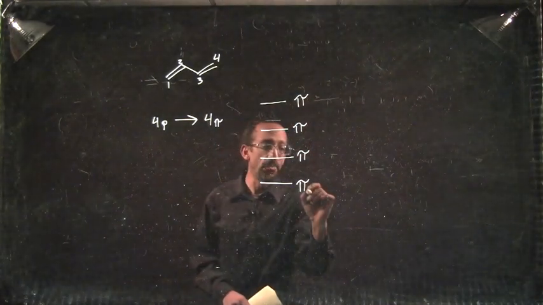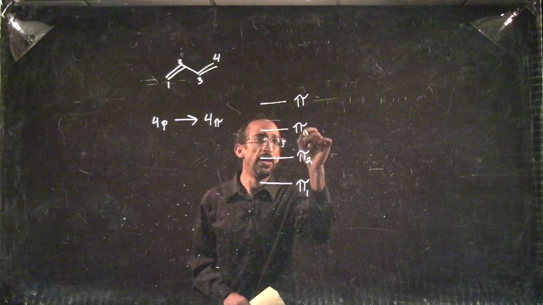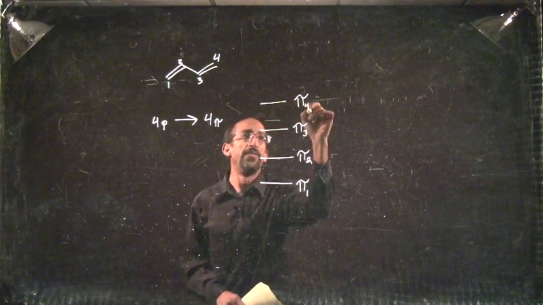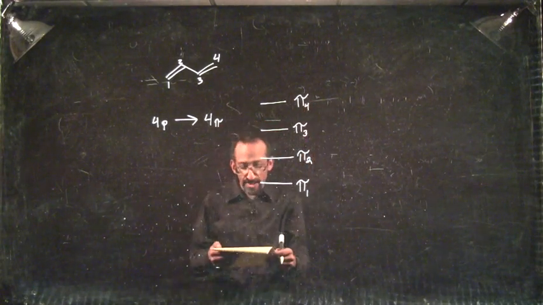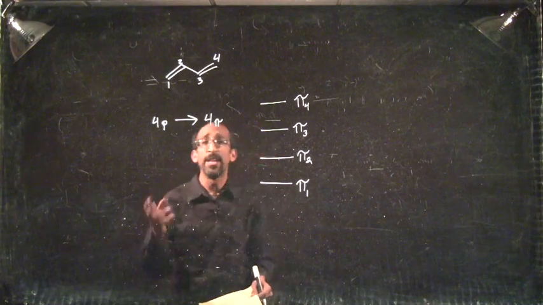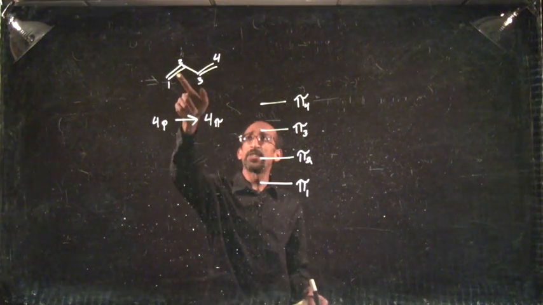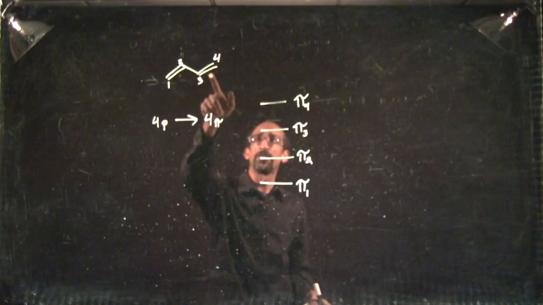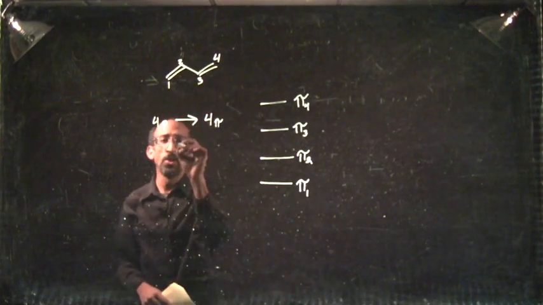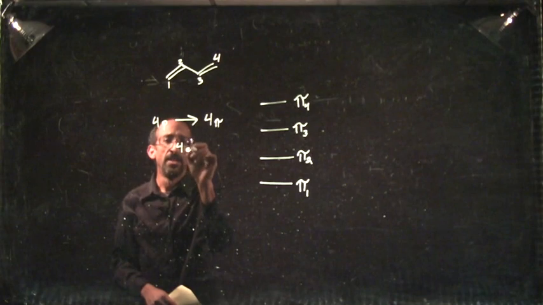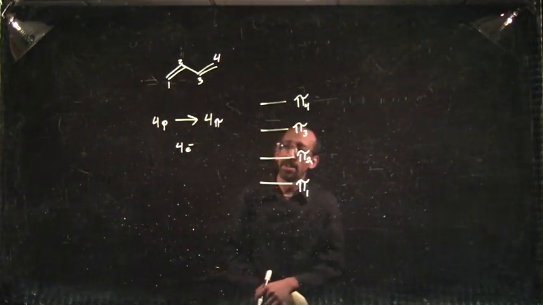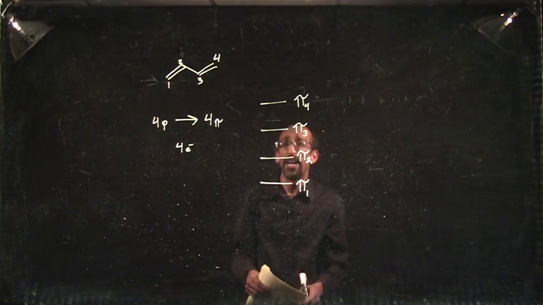We'll label these pi 1, pi 2, pi 3, and pi 4. Now, the next thing we want to do is count how many electrons are participating in this pi system. We have 2 electrons from this pi bond and 2 electrons from this pi bond, so we have a total of 4 electrons involved in this pi system.